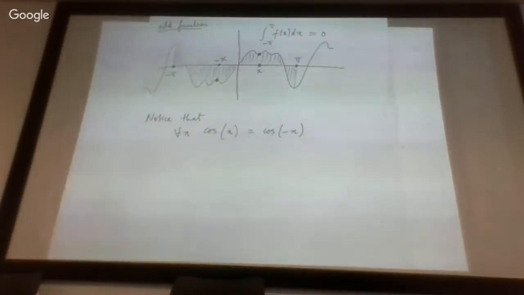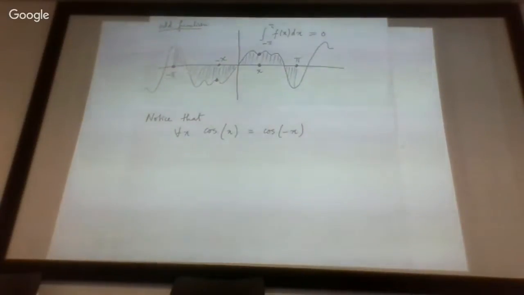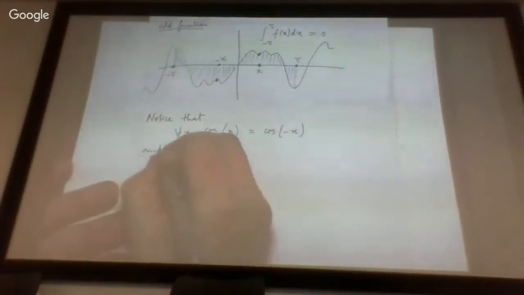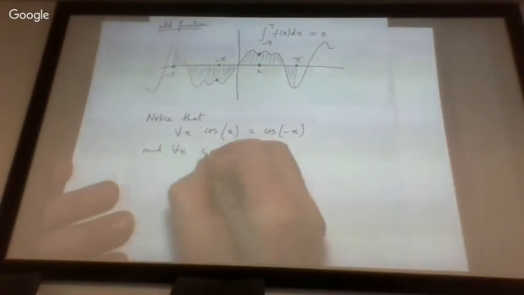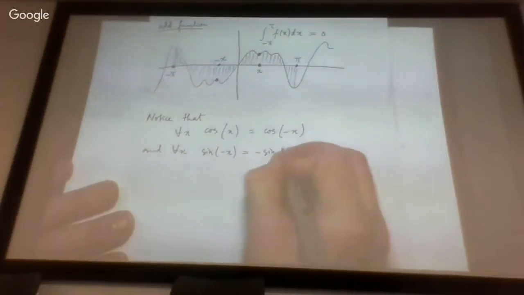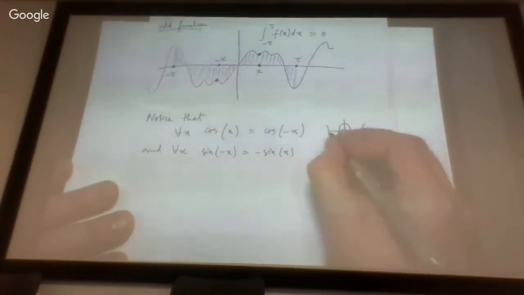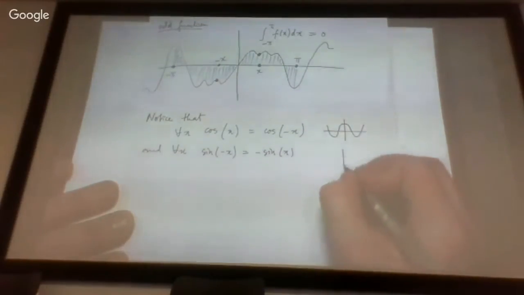For every real number x, if you draw the graph of the cosine function, you notice it's exactly symmetrical under reflection in the y-axis. And sine is an odd function. The graph of cosine goes something like this, it's just reflected in the y-axis.